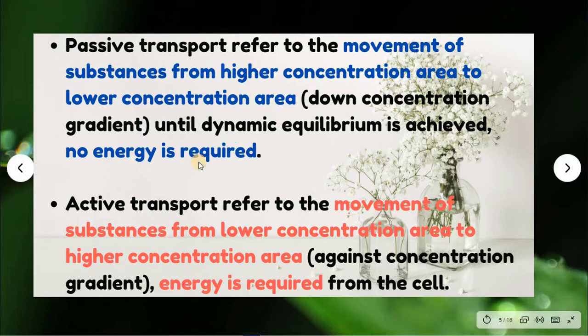Later I will explain more about the dynamic equilibrium. No energy is required in passive transport.